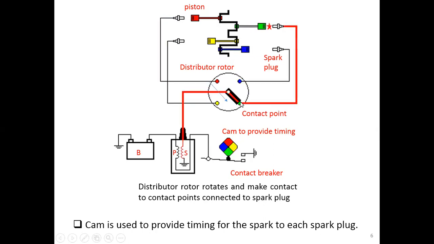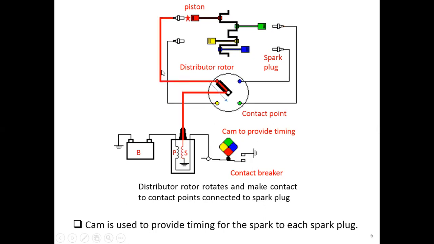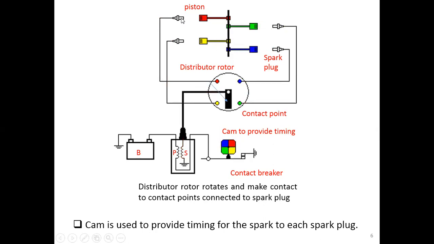Every time it makes contact with a contact point, it will send the current to the spark plug here, so that we will see an arc come out from the gap of the spark plug.